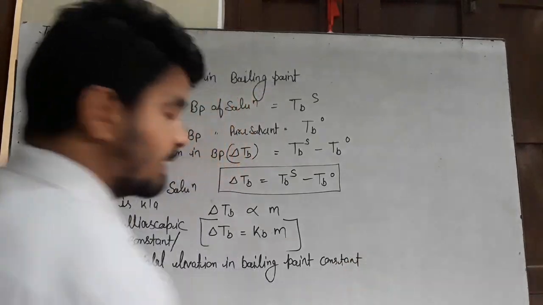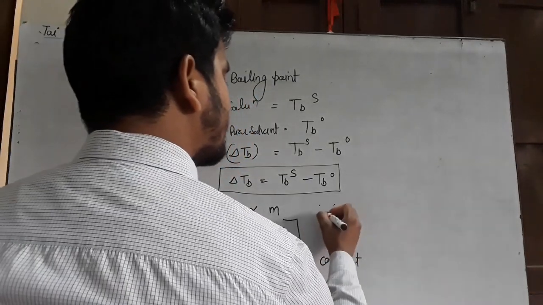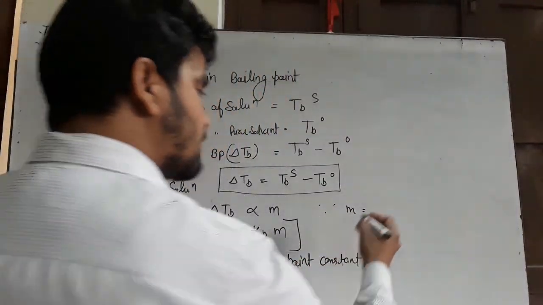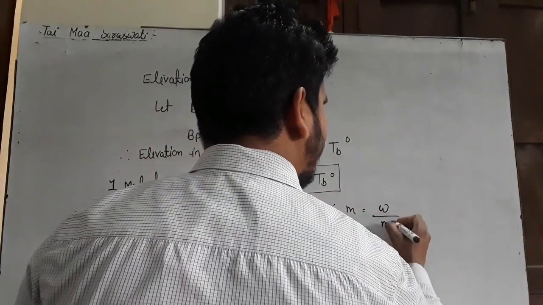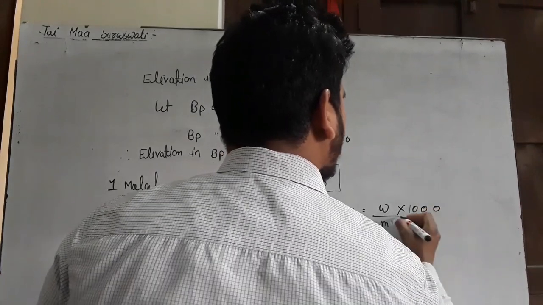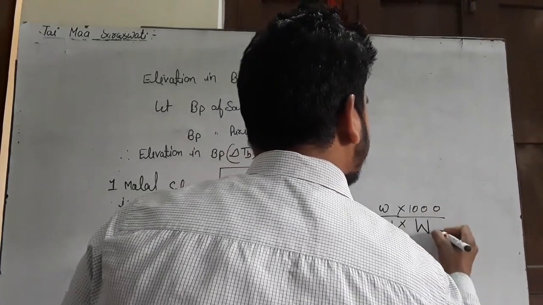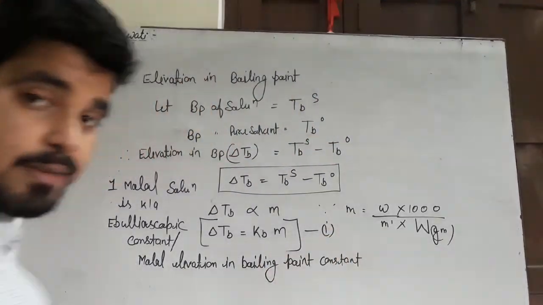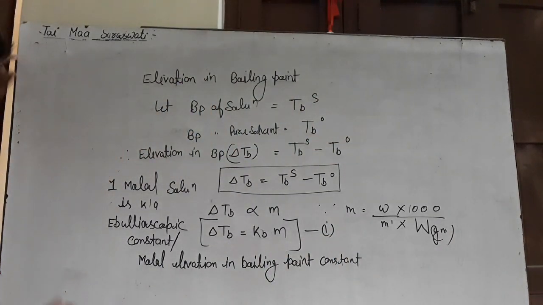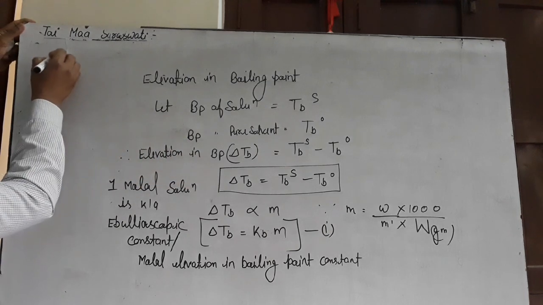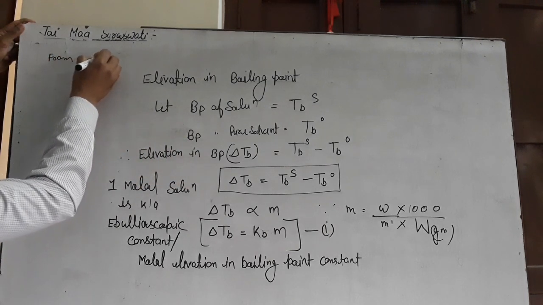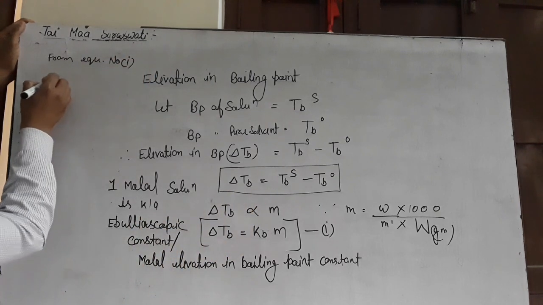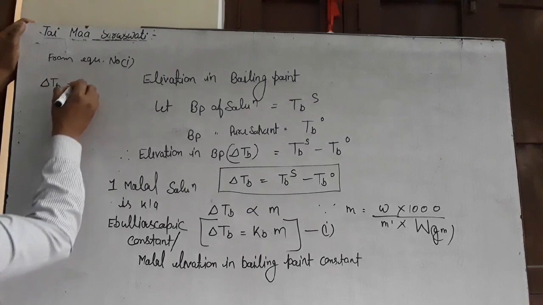Hope everyone knows that molality is equal to w by M dash into 1000 by capital W in gram. Let it be equation number 1. From equation number 1, delta TB is equal to Kb.